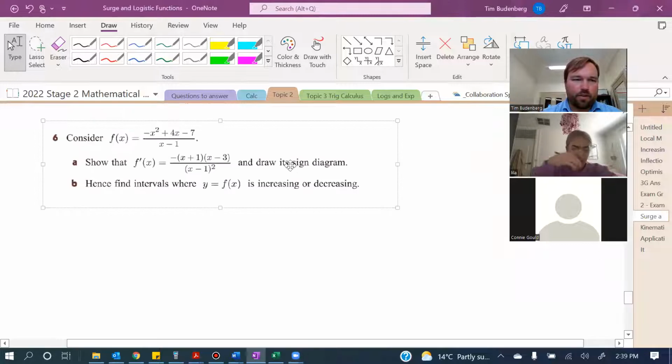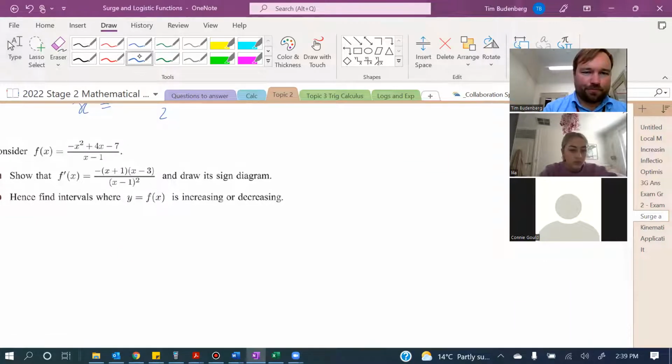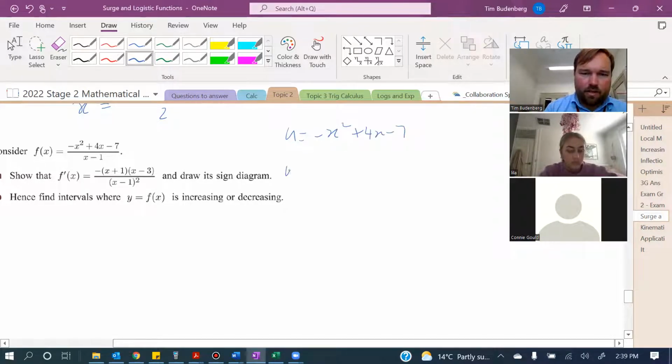All right, so consider this, show that, and draw its sign diagram. Oh joy. So we're thinking quotient rule, where u is minus x squared plus 4x take 7. u dash is then minus 2x plus 4. And v is x take 1, v dash is 1.